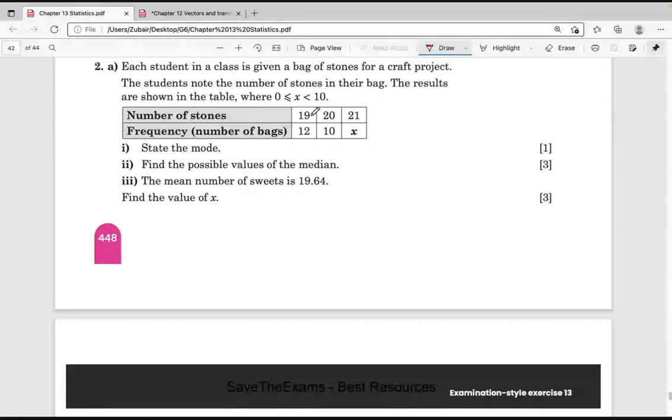The number of stones is x, and it is already given that x is from 0 to 10. So state the mode, the most occurring. What is the highest frequency you can see?